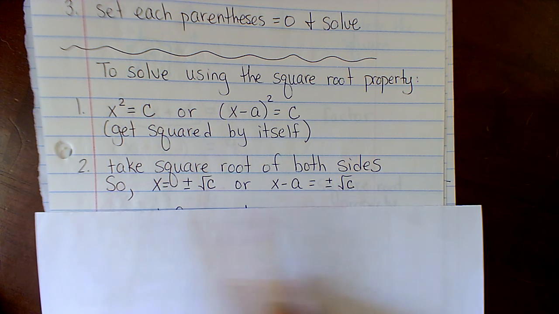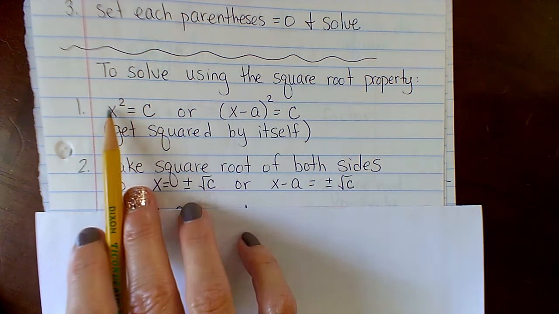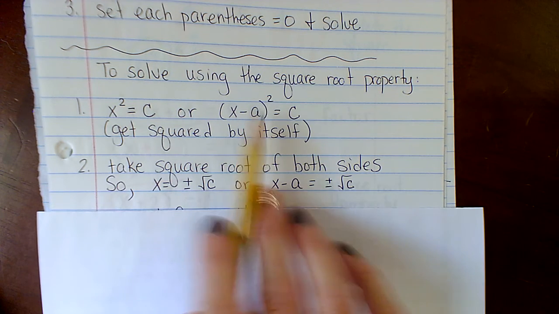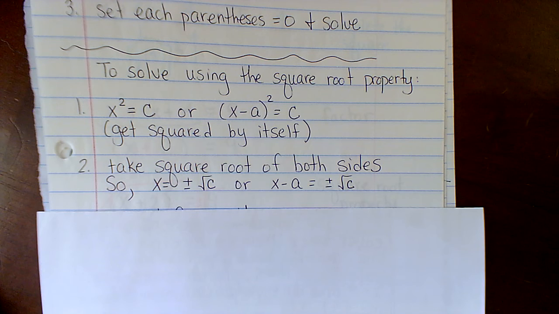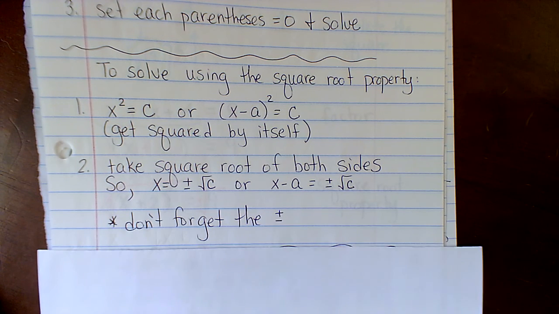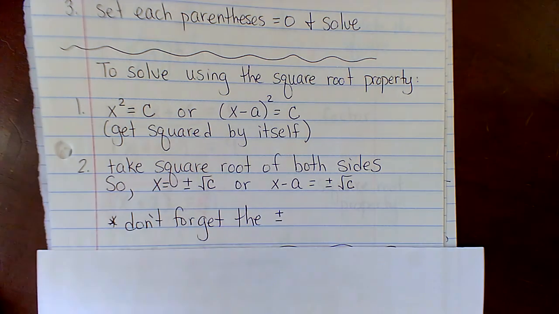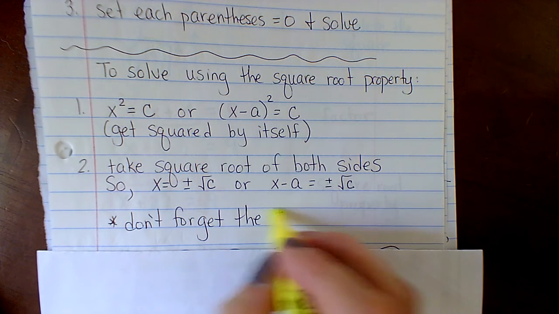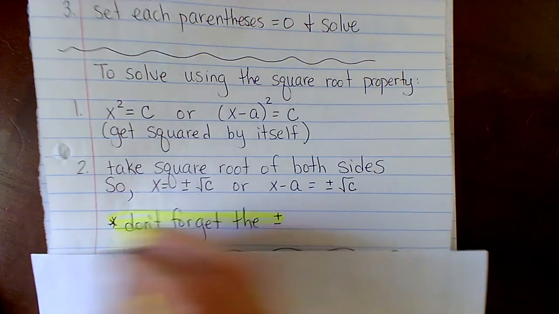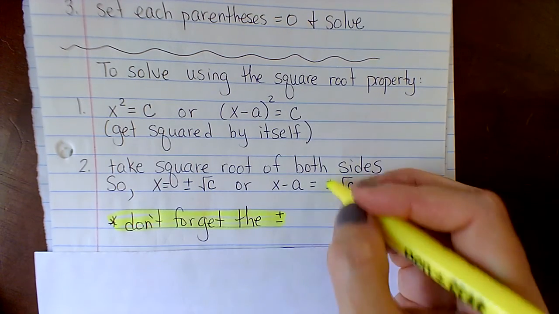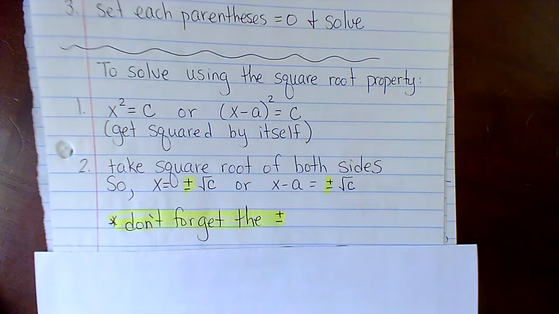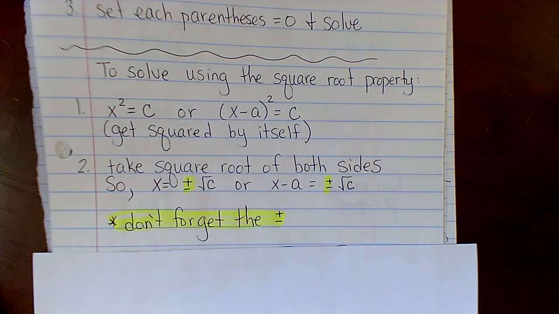And you're either going to have that form where the x squared is by itself, or you're going to have some plus or minus constant attached to it. Don't forget the plus or minus here. That is really, really important. Don't forget that plus or minus, because then you'll forget one of the solutions.